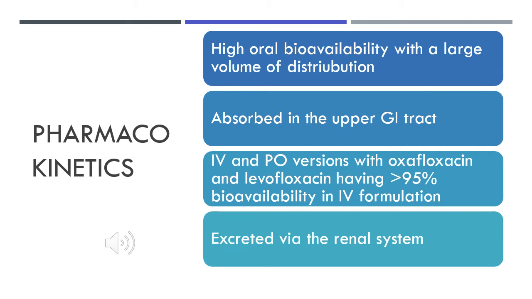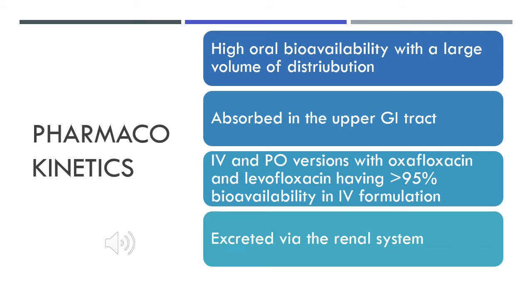So as mentioned, one of the selling points in utilizing these drugs is that there is a very high oral bioavailability with a large volume of distribution with the fluoroquinolones. All the drugs are absorbed in the upper GI tract. Again, there are IV and PO versions of almost all of the fluoroquinolones. And when we talk about the IV formulation, moxifloxacin and levofloxacin by far have the highest bioavailability, being greater than 95%.